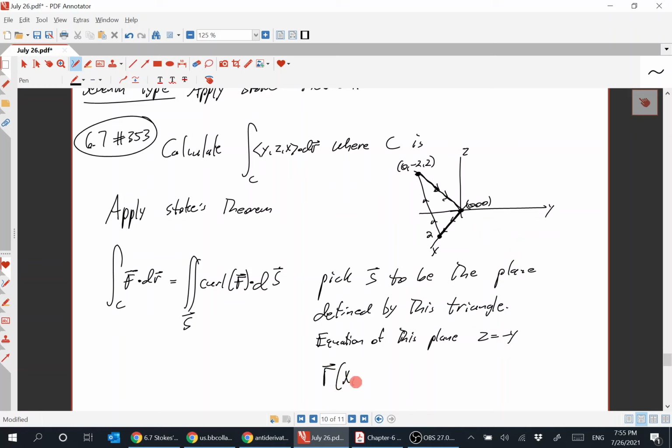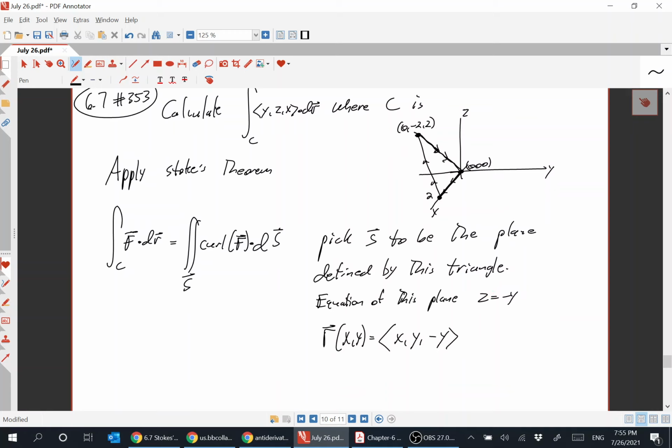Right? So your standard parameterization, x is x, y is y, and z is f(x,y). But what's the domain for x and y? Right, this is the point -2 for y, and this is 2 for x.